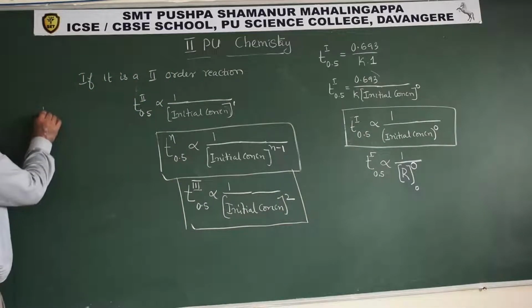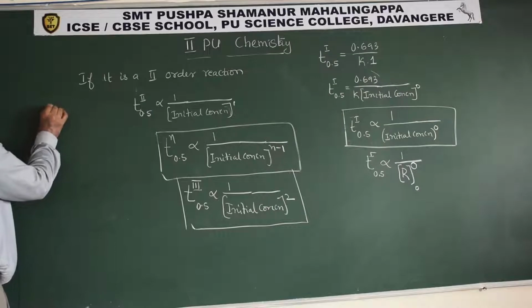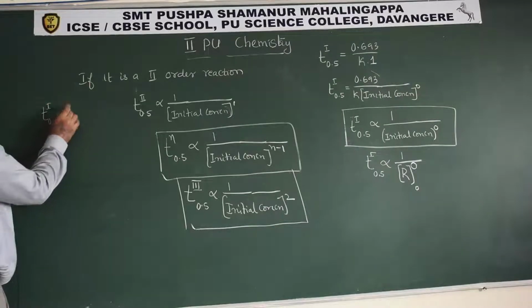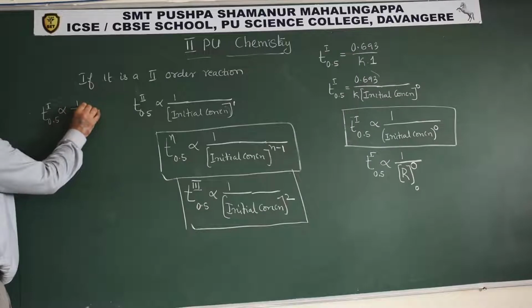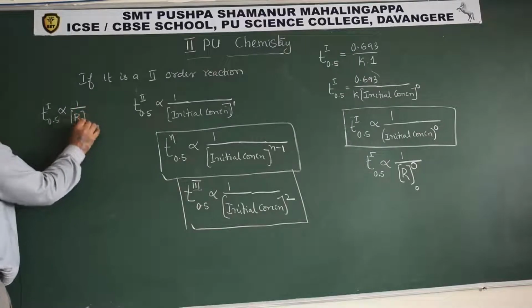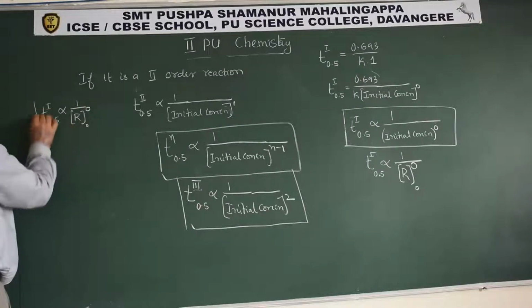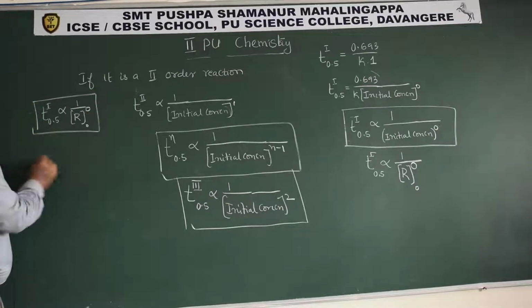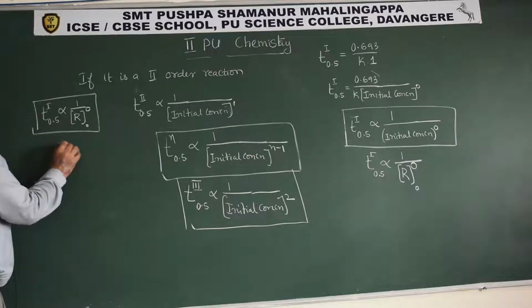Now T half of the first order reaction is inversely proportional to the zeroth power of the initial concentration of the reactant.